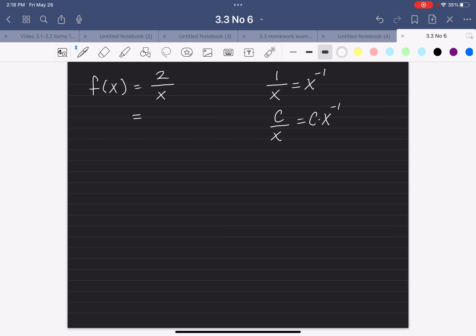So I'm going to rewrite this as 2x to the negative 1. So my derivative, following those previous rules, is going to be 2 times negative 1 times x to the negative 2, because when you do minus 1, you're at minus 2. And so I can reduce this to negative 2 over x squared. So that would be the derivative of 2 over x, negative 2 over x squared.